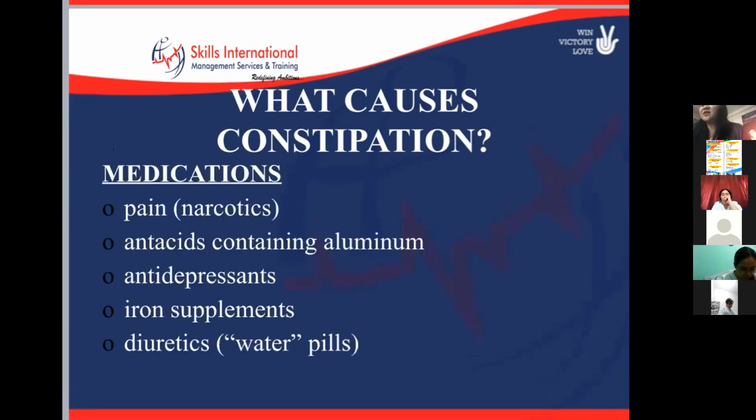Now, what causes constipation? The medication that we are taking, for example, when we have pain, we take narcotics. Antacids containing aluminum, like for example, those Maalox. Antidepressants also when we are taking them. Iron supplements, diuretics or water pills. These are the medications that can also cause constipation for the patient.